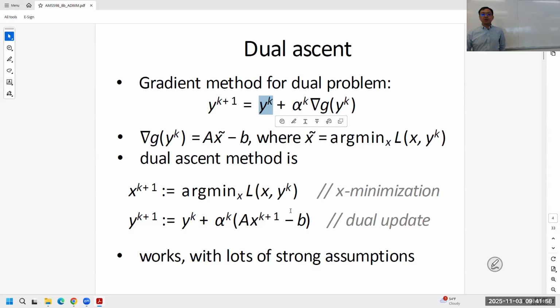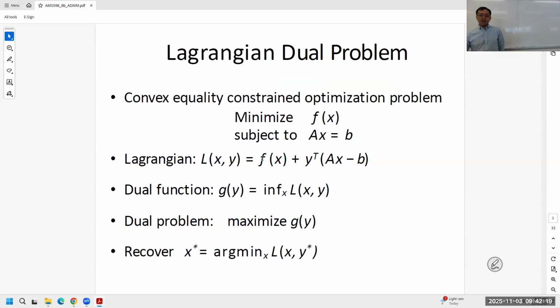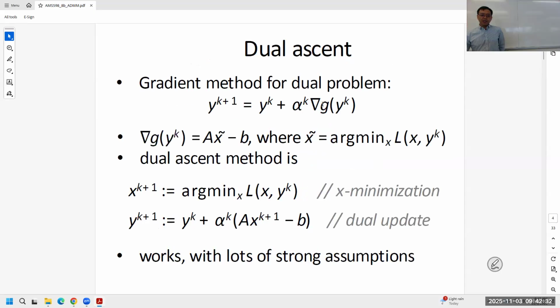So y in the next step is equal to y in the previous step plus some step size multiplied by the gradient of g at y_k. The gradient of g(y_k) is actually equal to Ax minus b, because if we take the gradient of the Lagrangian function with respect to y, the Lagrangian multiplier, we get Ax minus b. So therefore we can update y in this way.